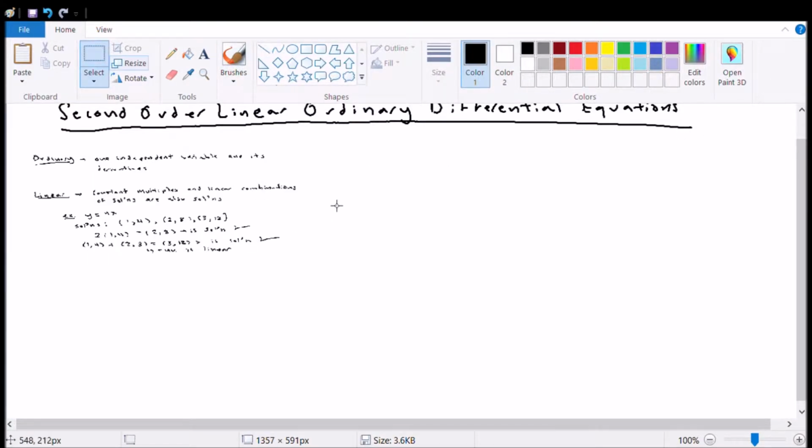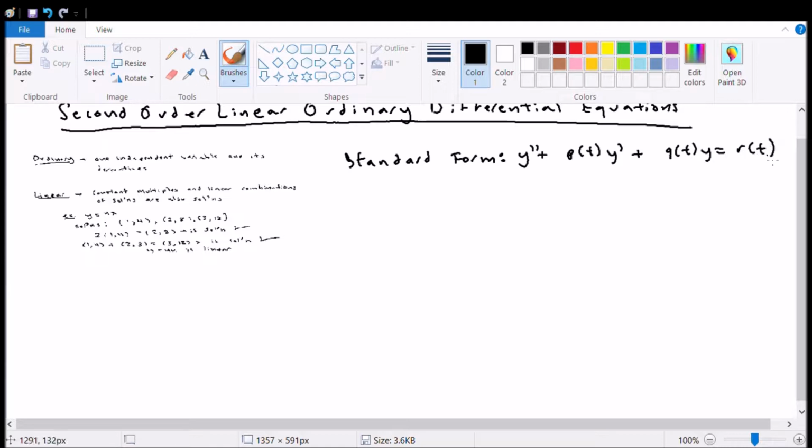So now that we've looked at some definitions, let's look at the standard form of a second order linear ordinary differential equation. So the standard form is y double prime plus p of t y prime plus q of t y equals r of t.